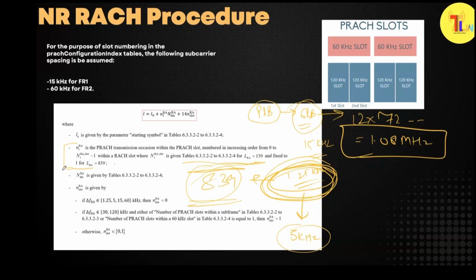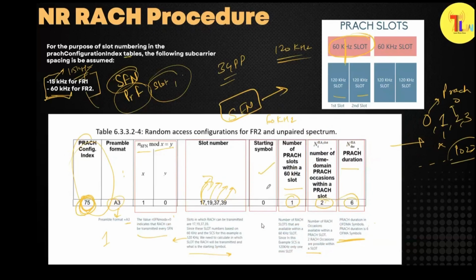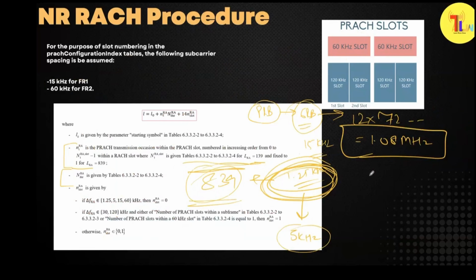Then NRA duration is already given over here, 6 OFDM symbols, right? Then NRA slot is equal to 0 for 1.25, 5, 15 and 60 kilohertz. And for 30 and 120 kilohertz, we have the number of patch slots within a subframe, 2, or the number of patch slots within 60 kilohertz slots.